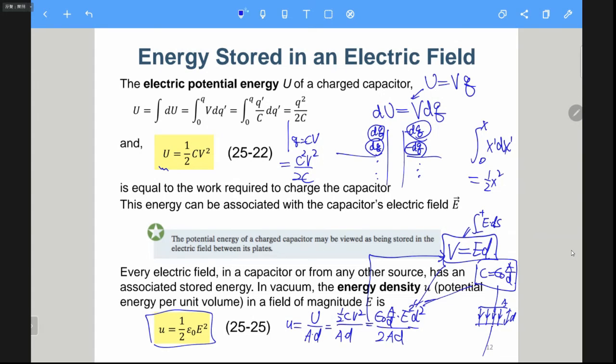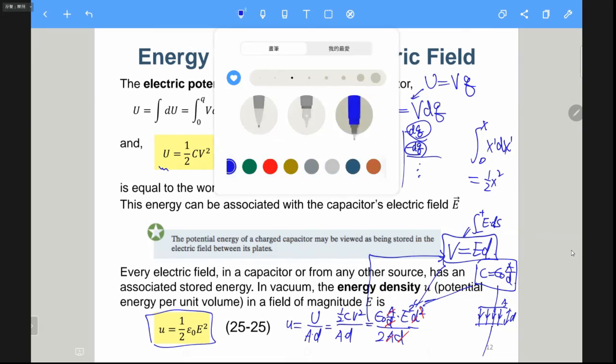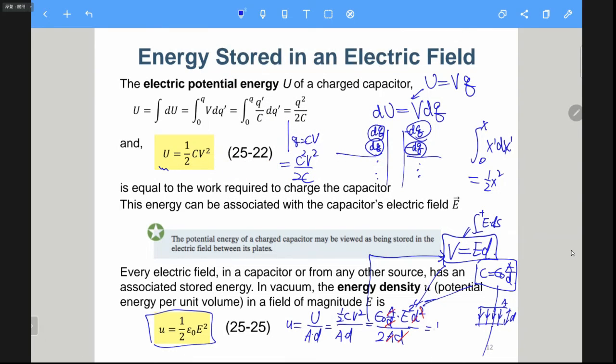We can find that D and D can be cancelled, and A and A can also be cancelled. So it turns out to be 1/2 epsilon naught E squared. It is also correct for other structures, although the derivation won't be as easy as this.